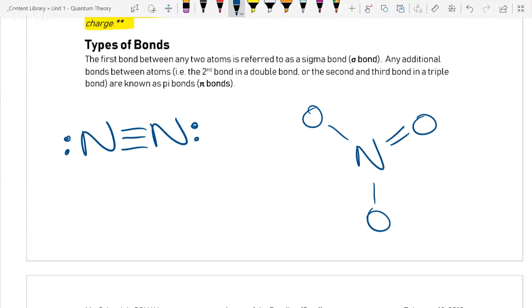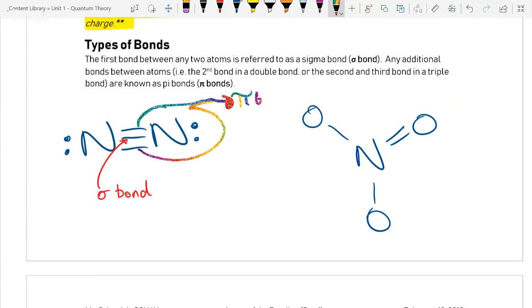Well, you tell me. 2, 4, 6, 8. Nitrogen's happy. 2, 4, 6, 8. Cool. The middle bond, the first bond that's formed, what would it be? Sigma bond. What about these other 2 bonds? Pi bonds. Very good.